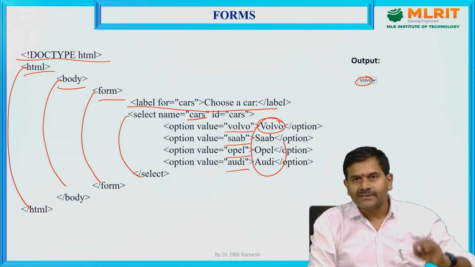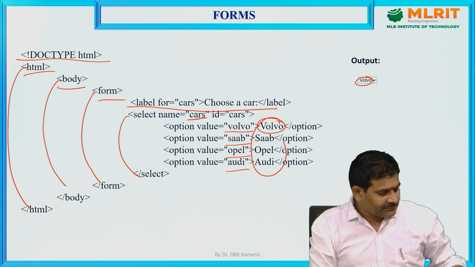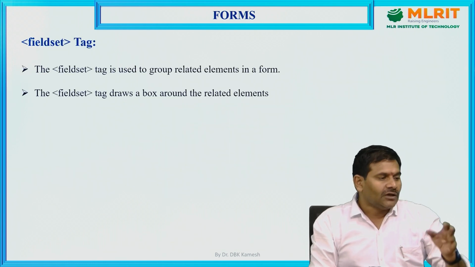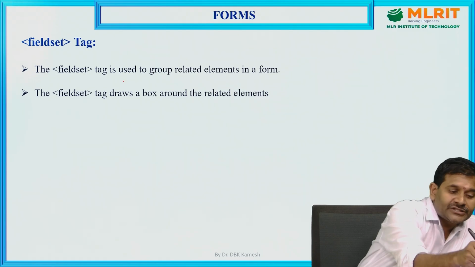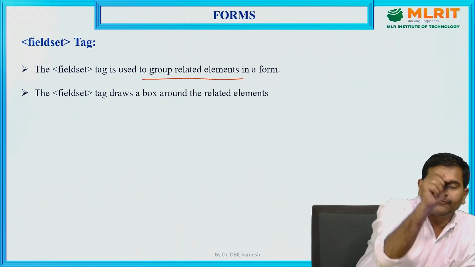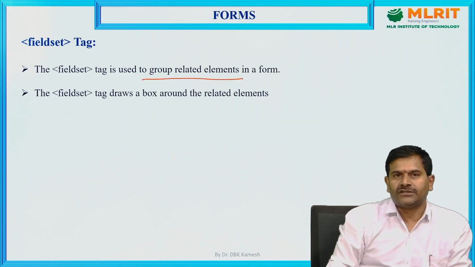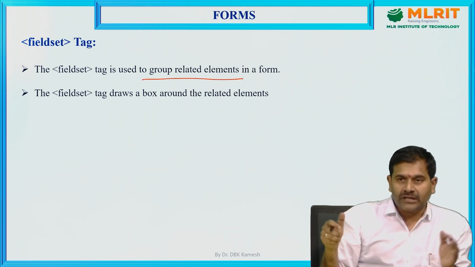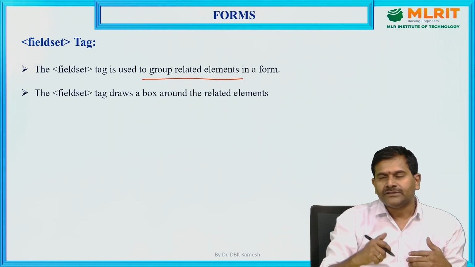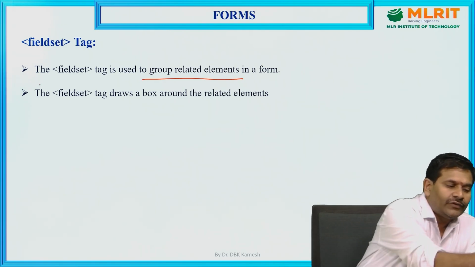This form is a selection form, right? Then the fieldset. Here the fieldset tag is used to group related elements in a form, a bunch of them, right? Previously there was only a single value. Now we can use them as a whole, right?